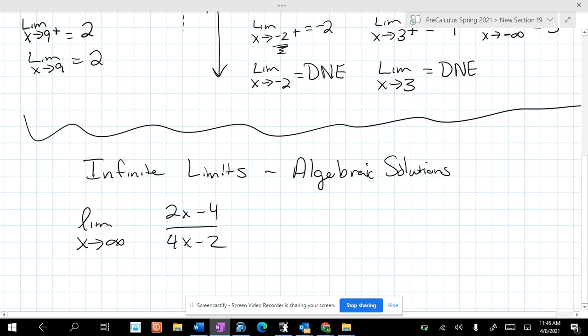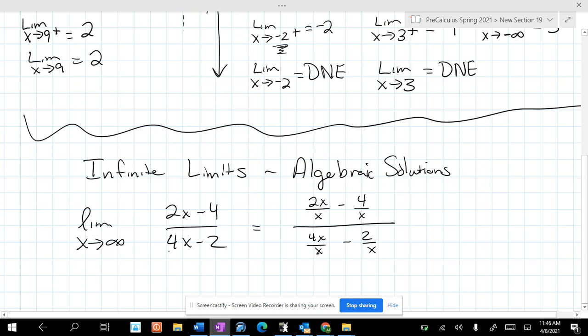What you do is you take the biggest power of the denominator, and divide. So you're going to take 2x and divide by x, because that's the largest variable in the denominator. Minus 4 over x, over 4x over x minus 2 over x.